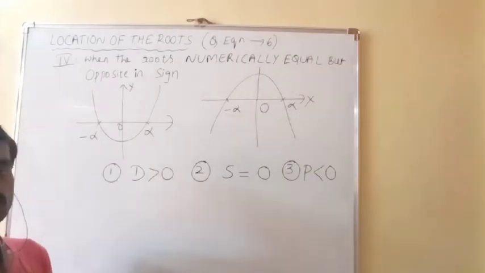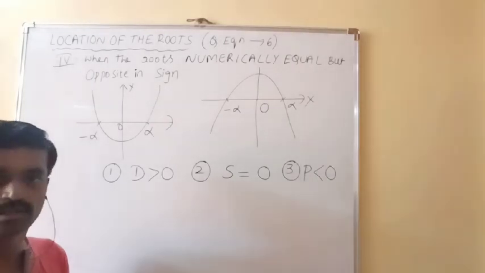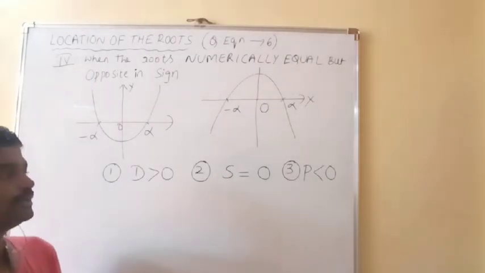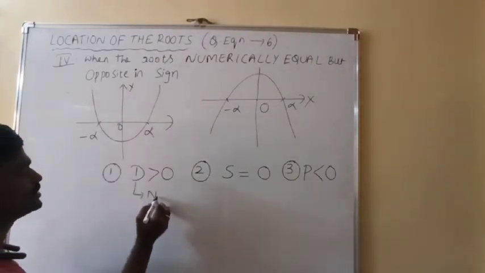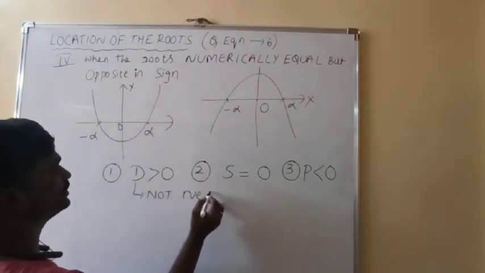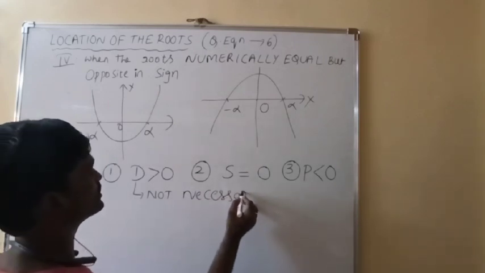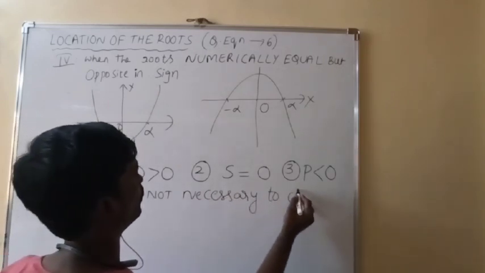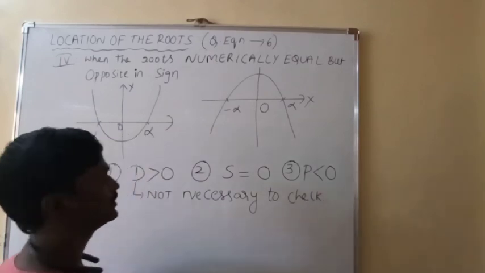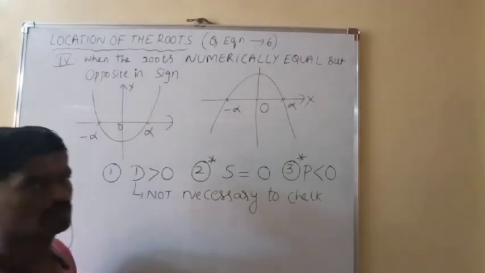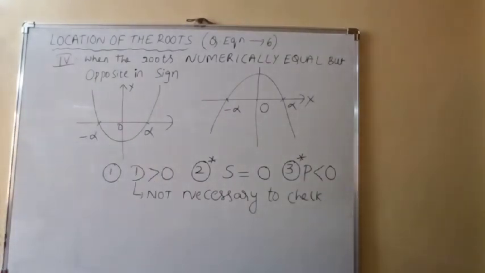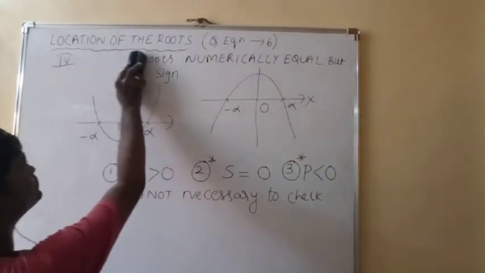But in the fourth case the roots are like minus 2 comma 2, minus 3 comma 3. Here also D greater than 0 is there, but this condition is not necessary to check while solving the problems. The only important conditions are that the sum of the roots is 0 and the product of the roots is less than 0. So this is the fourth case.